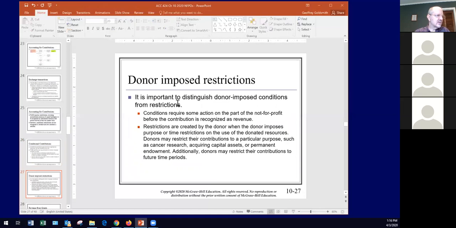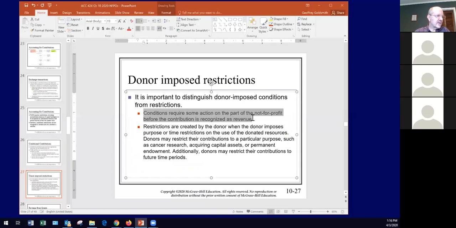Donor-imposed restrictions are not the same as donor-imposed conditions. Conditions require some action on the part of the not-for-profit before the contribution is recognized as revenue, while restrictions are created by the donor when the donor imposes purpose or time restrictions on the use of the donated resources.